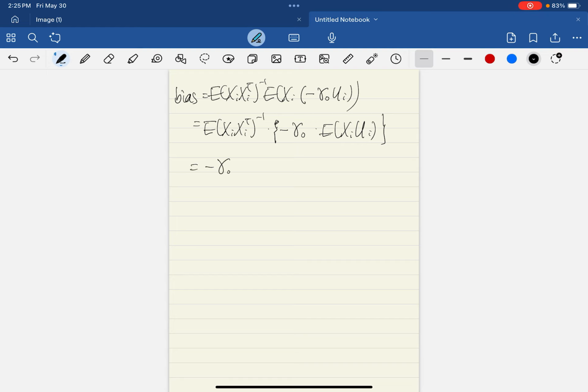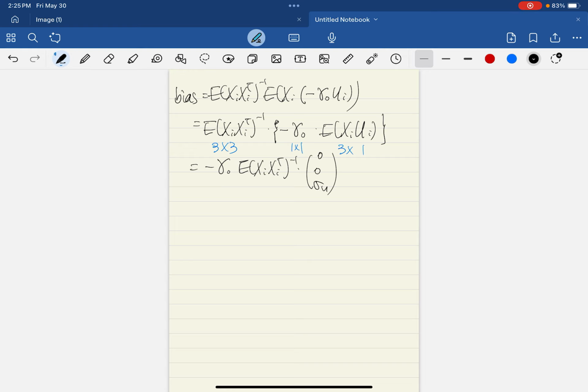Minus gamma 0 is a scalar. Check the dimension. X prime is 3 by 3 dimension, gamma is 1 by 1 dimension, and it is 3 by 1 dimension. So gamma 0 can go in front, and we write it here times, and we assumed x and u expectation takes this form.